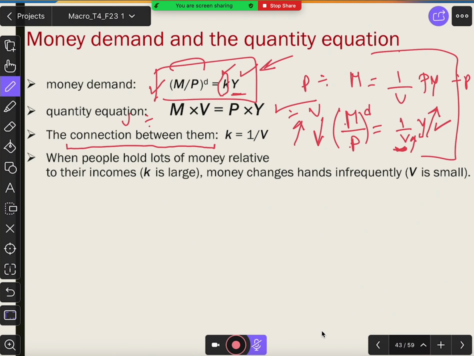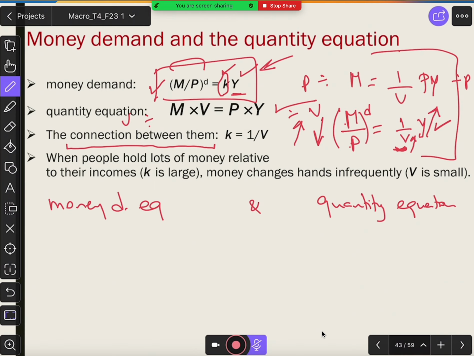But then what is the meaning that k, which is the parameter, is the one that connects the money demand equation and the quantity equation? So we have two equations, right?